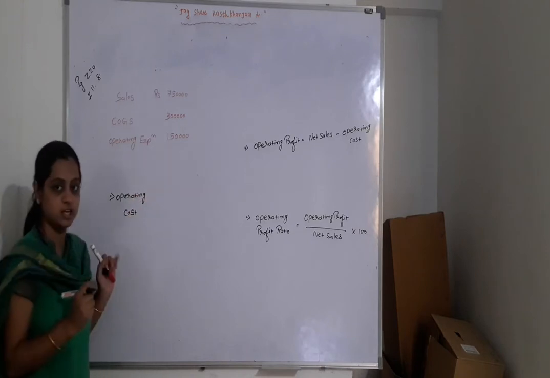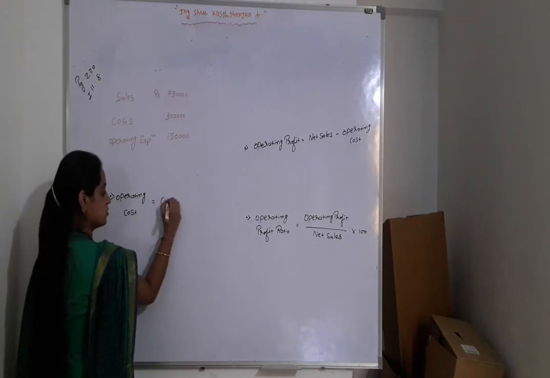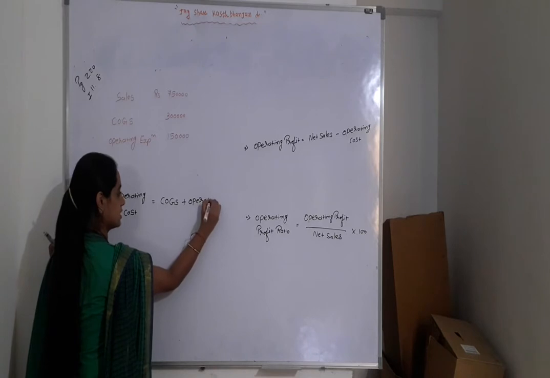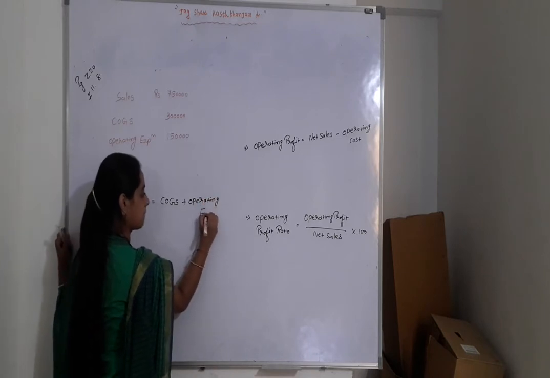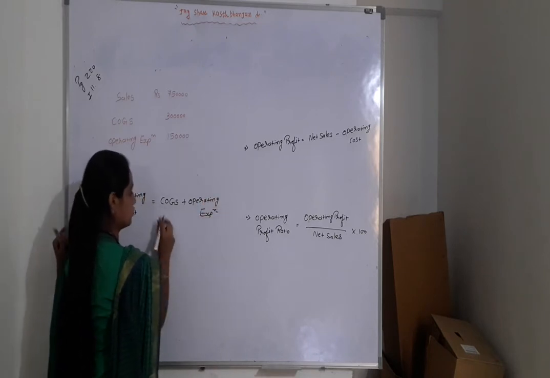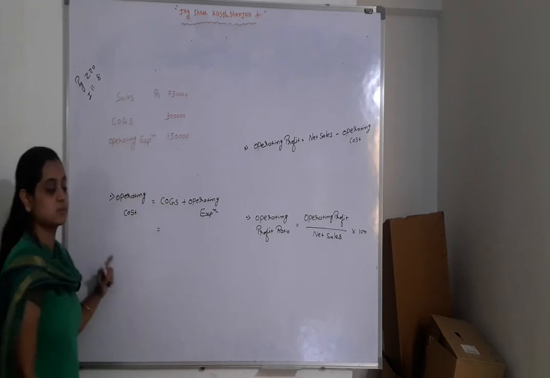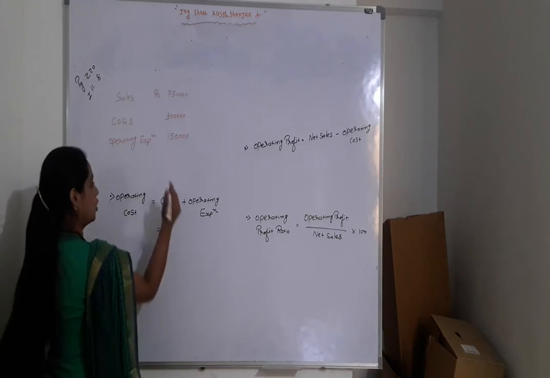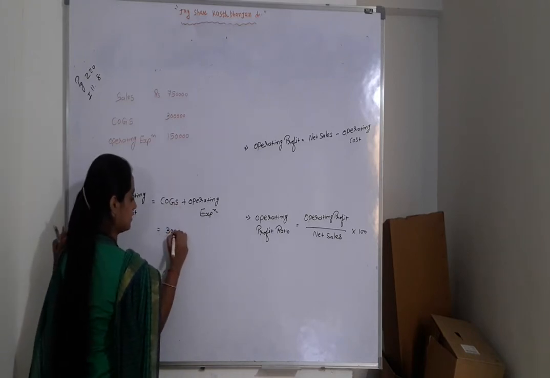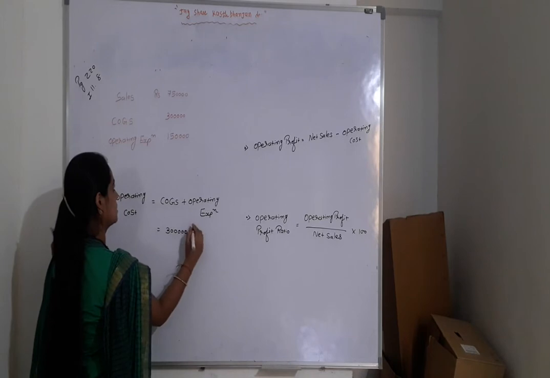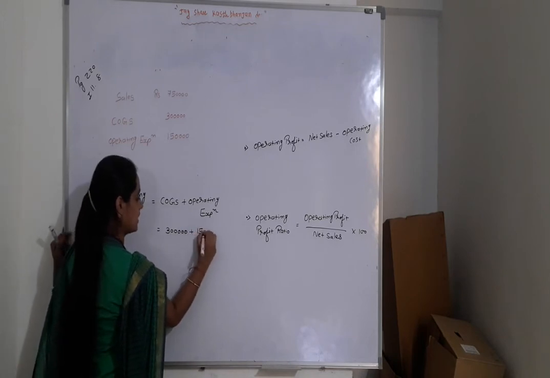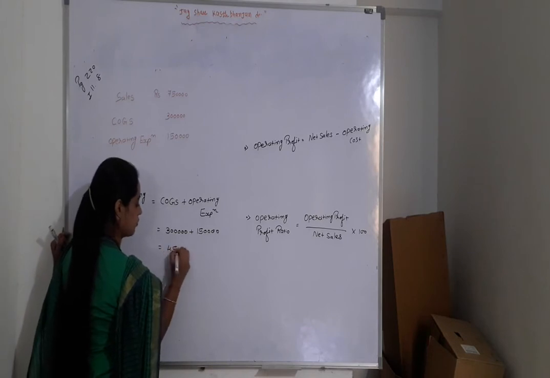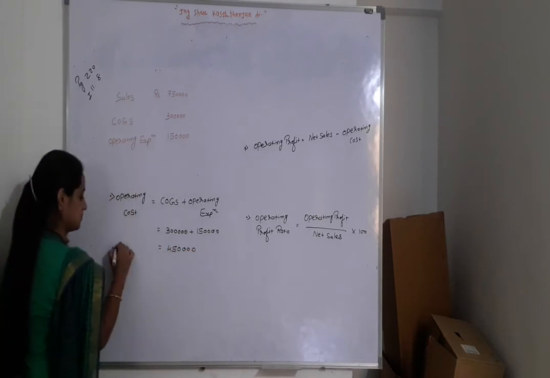The formula to find operating cost is COGS plus operating expense. So we have COGS and operating expense both, so we can easily find operating cost. COGS is 3 lakh plus operating expense 1,50,000. That means operating cost is 4,50,000.